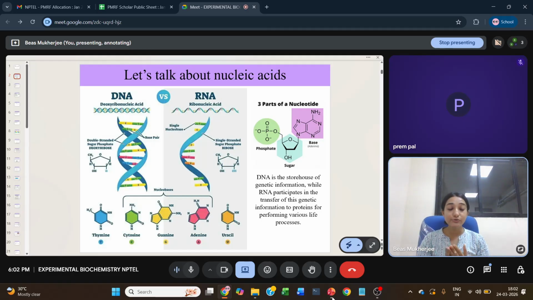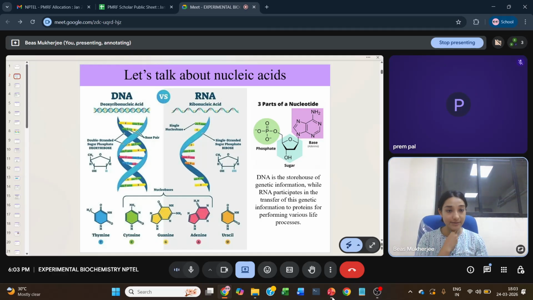Right, so now nucleic acids are mainly of two different types. One is DNA and the other one is RNA. Now there are a lot of different types of DNA and types of RNA, but for now we will look at only what is the basic difference between DNA and RNA, right? So DNA is made up of a special kind of ribose sugar, which is deoxyribose sugar, right?